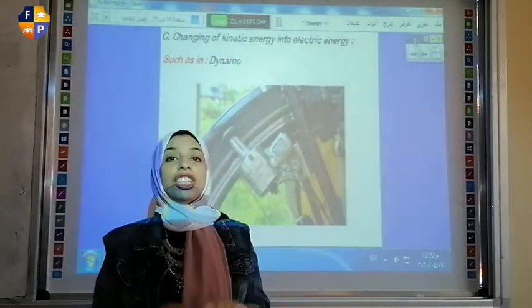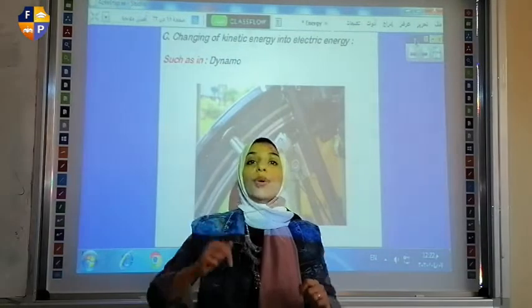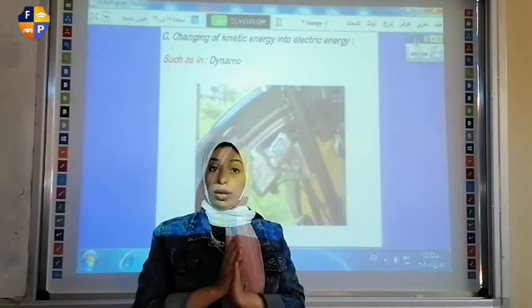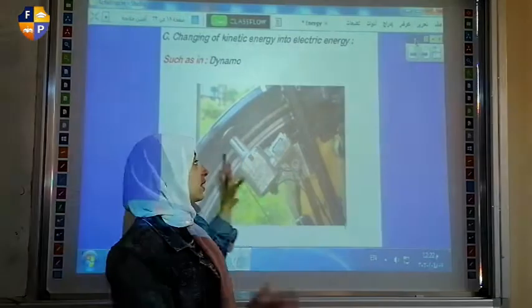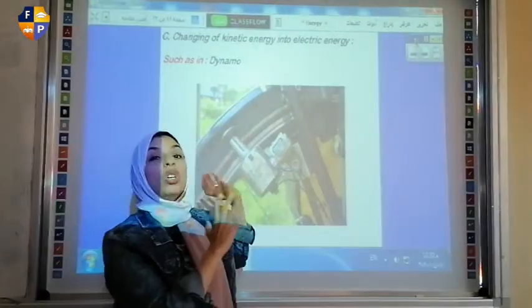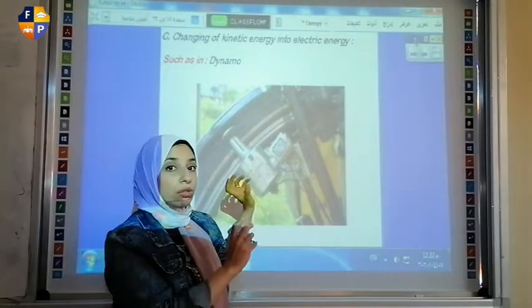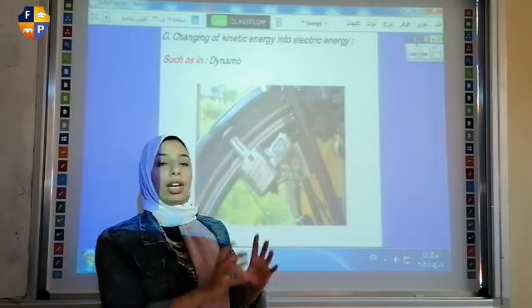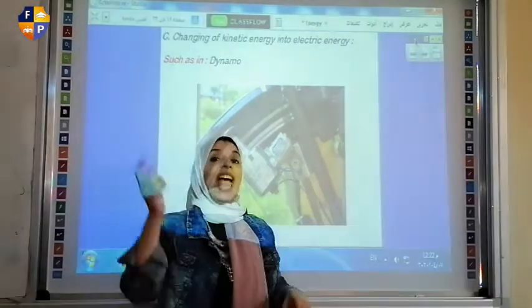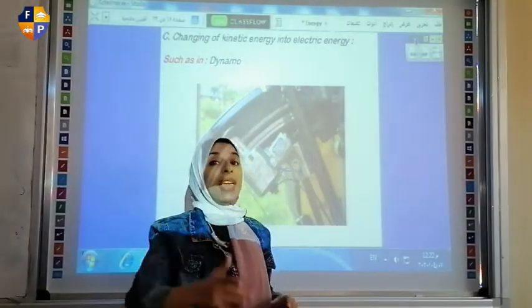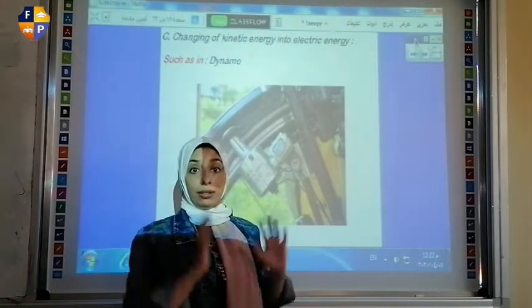This electric energy makes the lamp in your bike light. When you move the tires of the bike, there is something inside the bike which is called a dynamo. This dynamo changes the kinetic energy into electric energy, and this electric energy makes the lamp in the bike light.